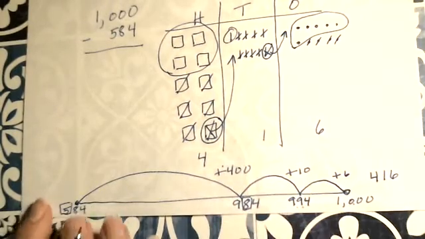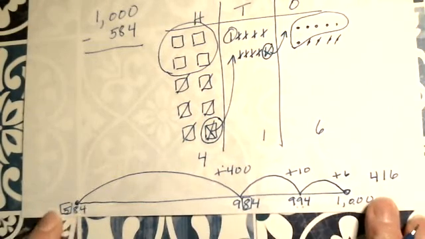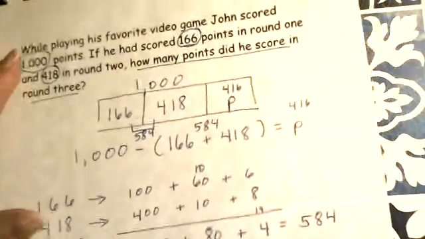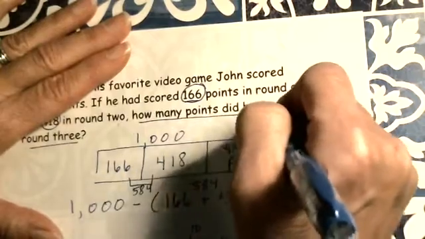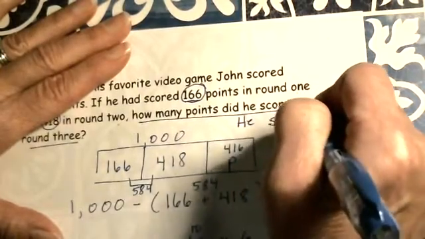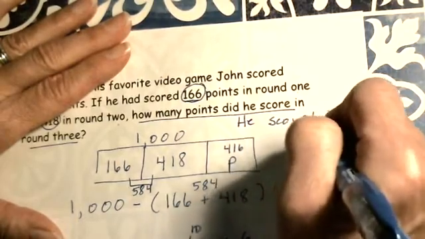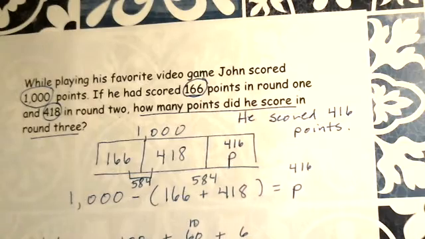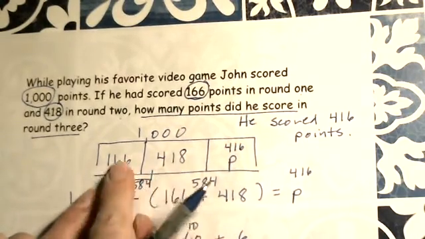The difference between 584 and 1,000 is 416. 1,000 minus 584 is 416. So he scored 416 points.